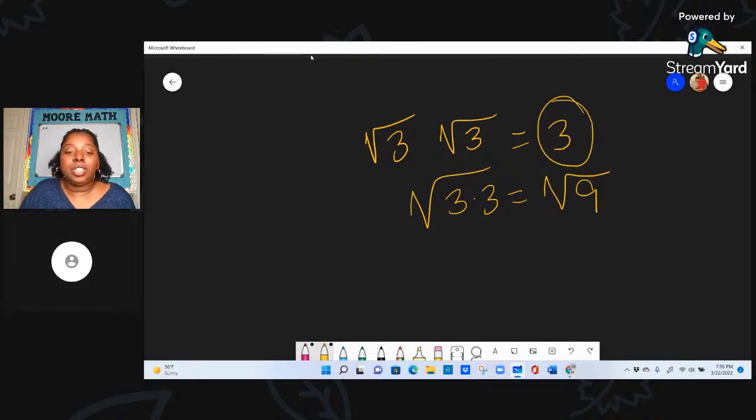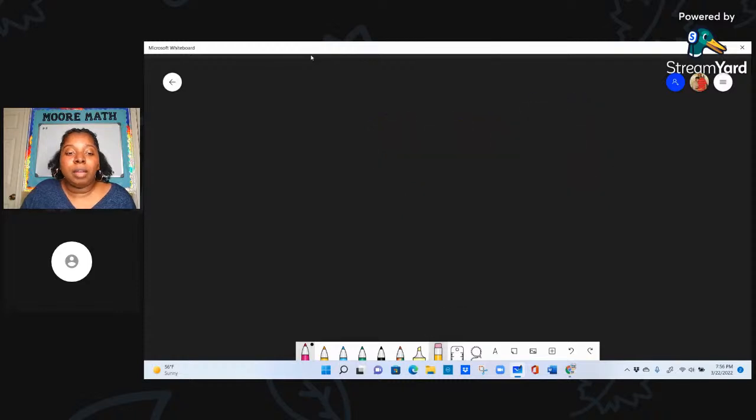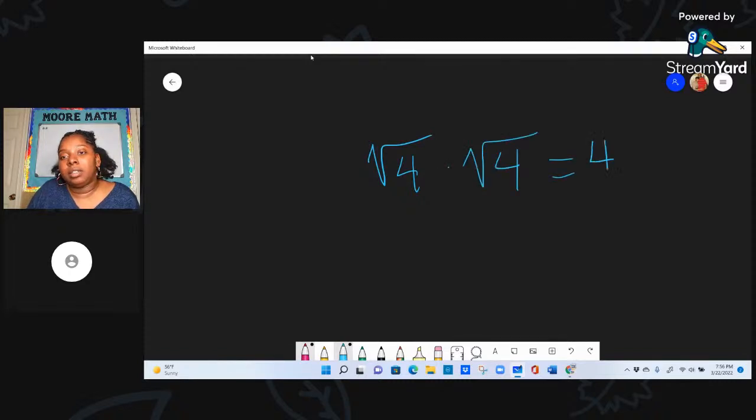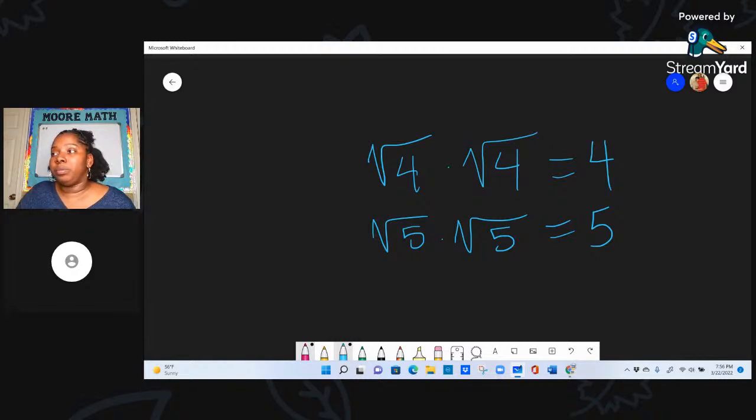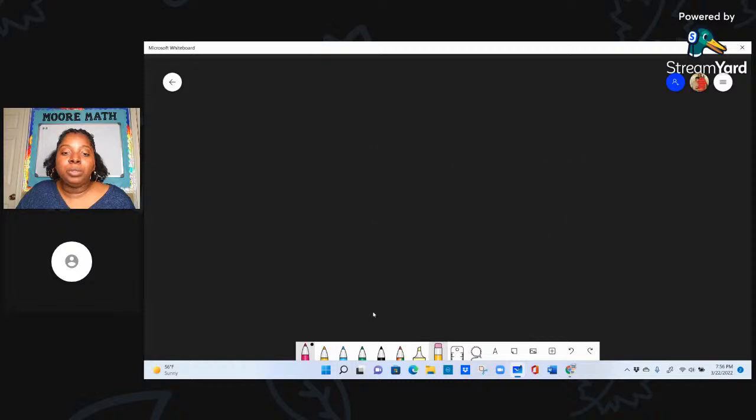So if it was square root of 4 times the square root of 4, you would get the square root of 16, but the square root of 16 is just 4. So it works with all of them. If you're multiplying a square root number by itself, it just cancels out the square root. So that's just a little trick. When you see that, you know what to do. All right. So good. You knew exactly what to do. We just could have gone a little bit further.